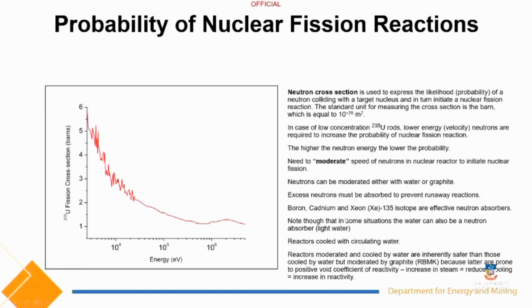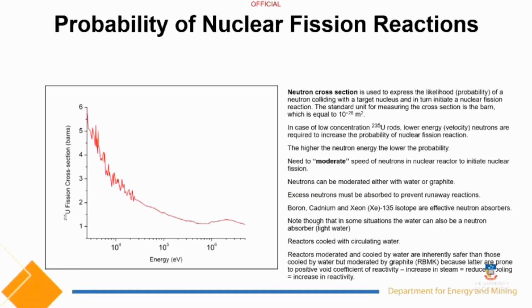Xenon isotope 135, which is a fission product in a nuclear reaction, is also an absorber. And as I go through my presentation, I may mention the term the poisoning of the reactor core. Poisoning is when you produce xenon, which absorbs a lot of the neutrons and the reaction dies, which you don't want.